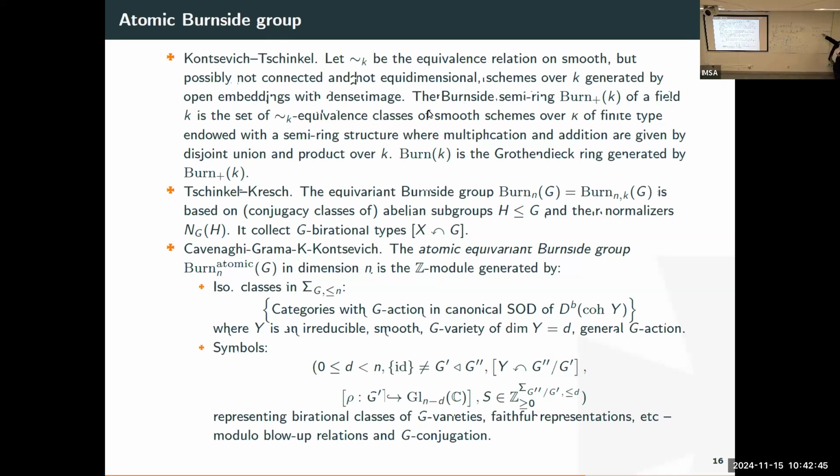As I said, over the complex numbers, this is a blow up of P1 cross P1 cross P1 in an elliptic curve. And the question that we are looking at: can this blow up be done Z4 equivariantly? At that time, that was not known.